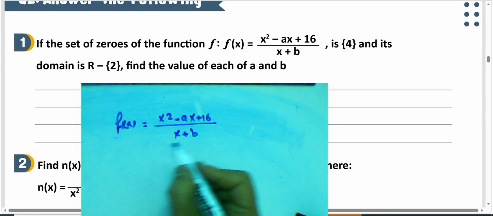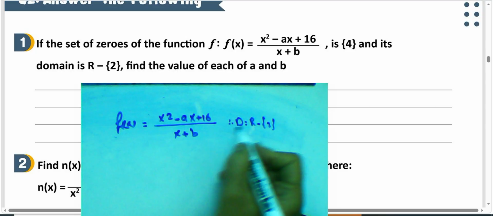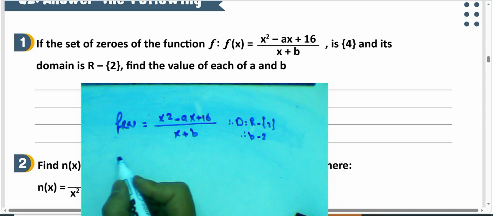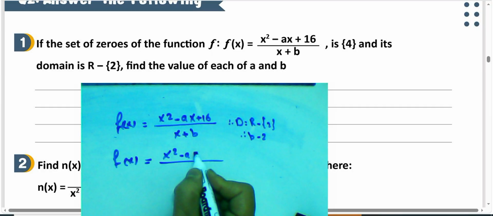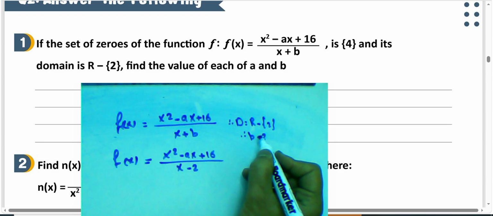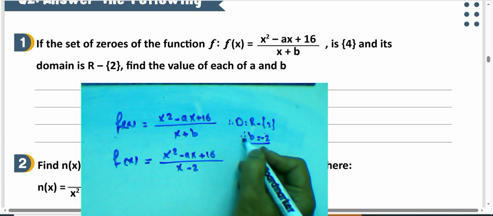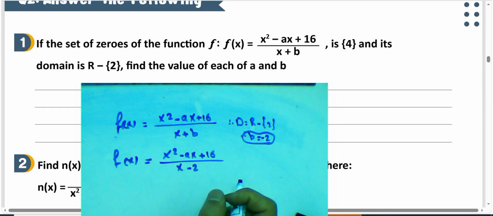It gives me this information, domain R subtract 2. Then the value of b will be negative 2. Then the function will be f of x equals x power 2 minus ax plus 16 over x minus 2. The value of b here will be negative 2, okay? Because it tells me the domain is R subtract the set of zeros, which will be 2.